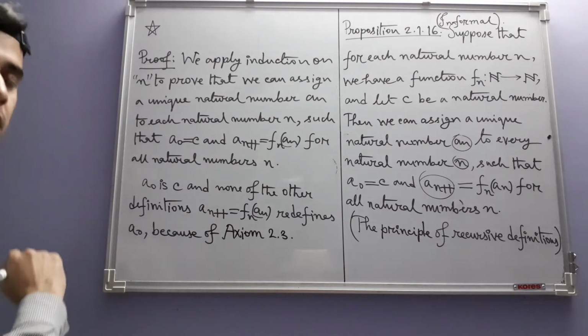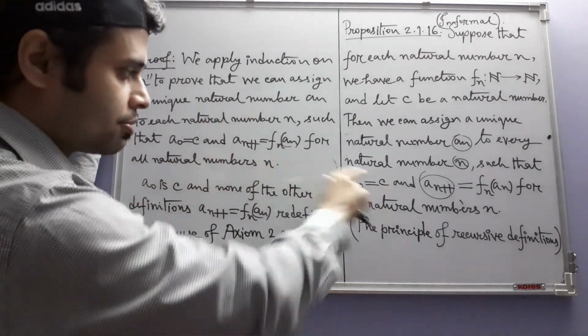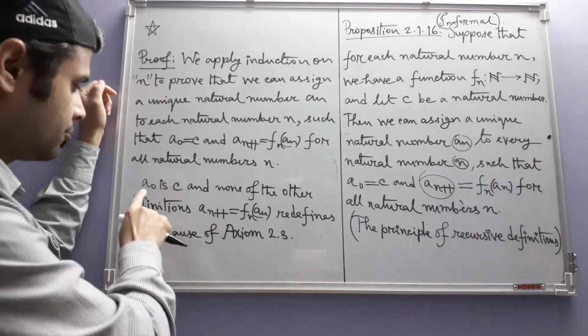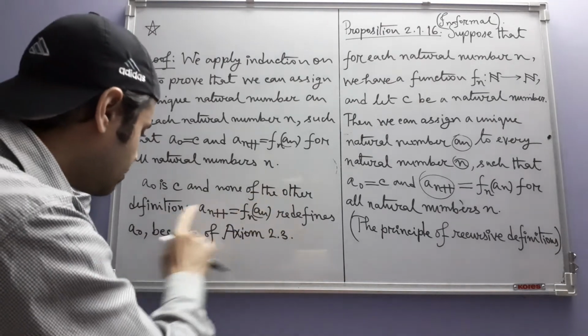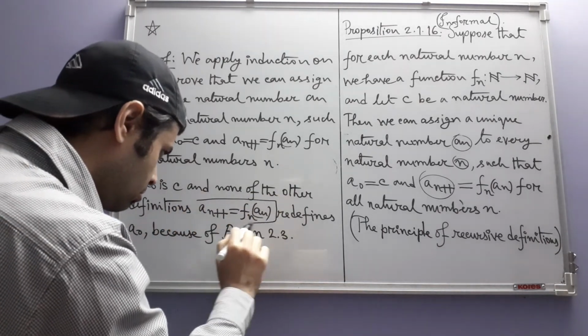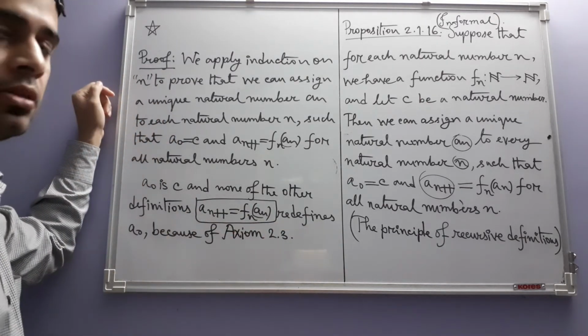Now what have I said here? I want a naught to be equal to c, so I have taken a naught to be equal to c. So a naught is c, and none of the other definitions redefines a naught because of axiom 2.3.